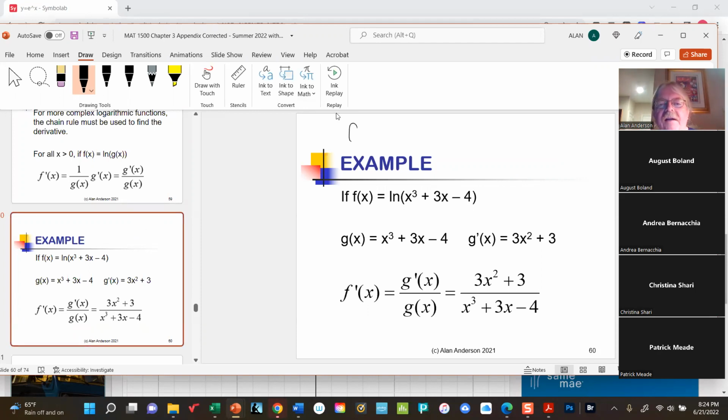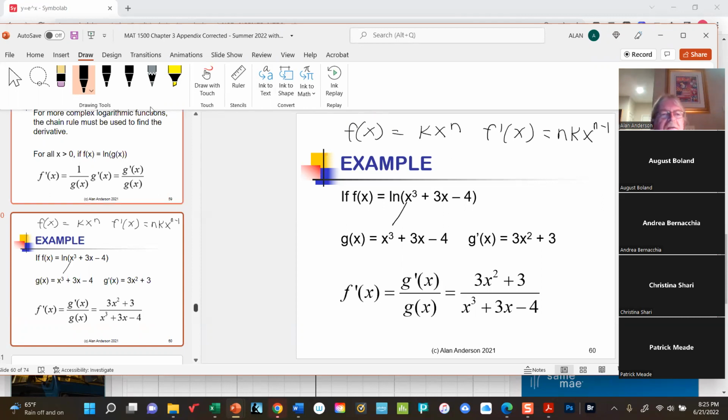If you have f of x equals k x to the n, then f prime of x is nk x to the n minus 1. So when you have a polynomial like this, you're actually applying the power rule to each term separately.